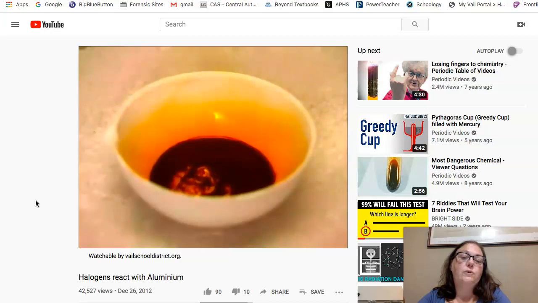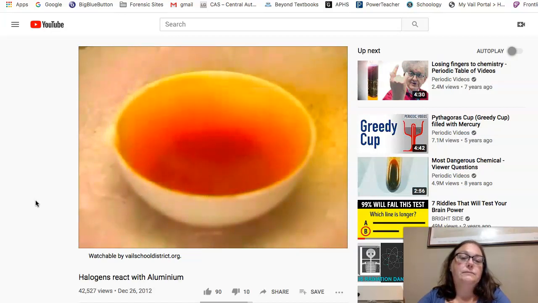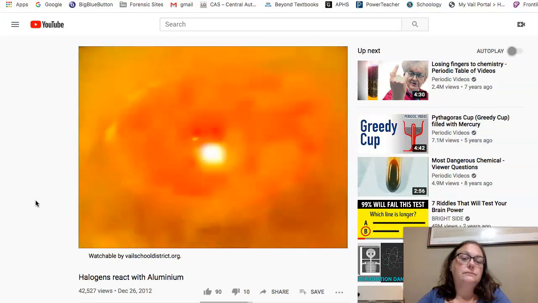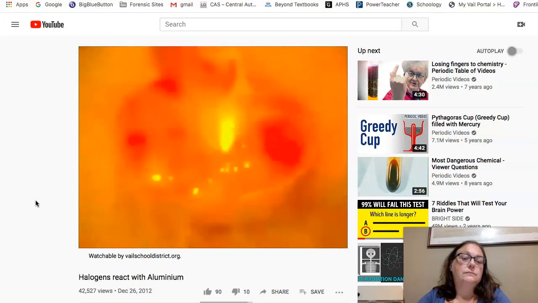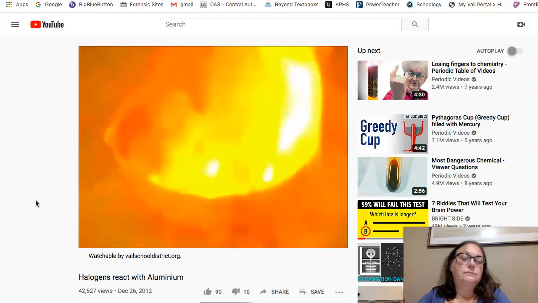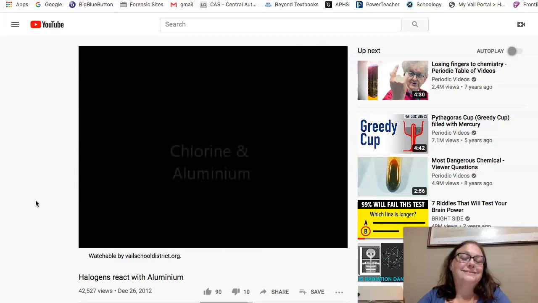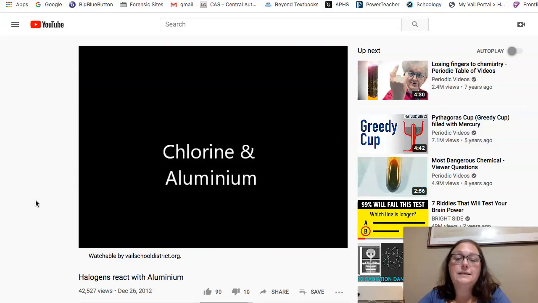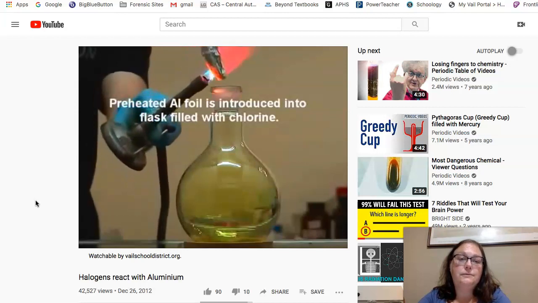Bromine is one of only 2 elements on the periodic table that is a liquid, so he just put aluminum foil into liquid bromine. These we will not do in class because these elements can kill you.